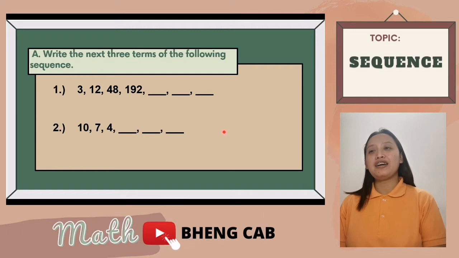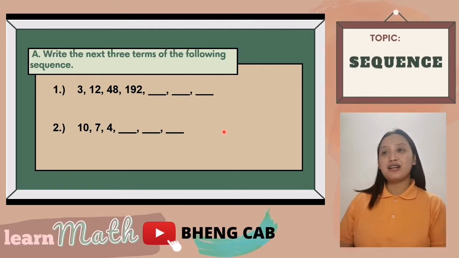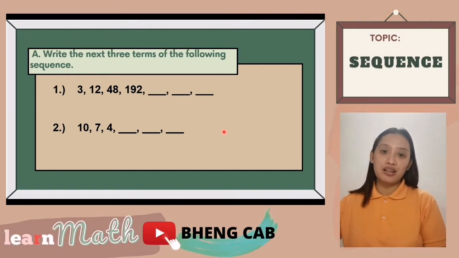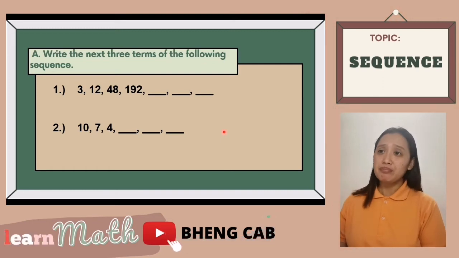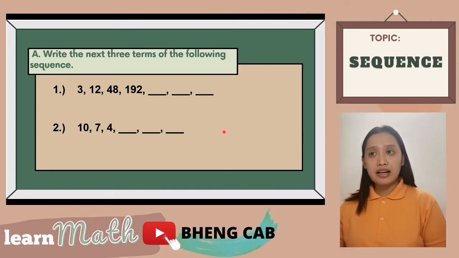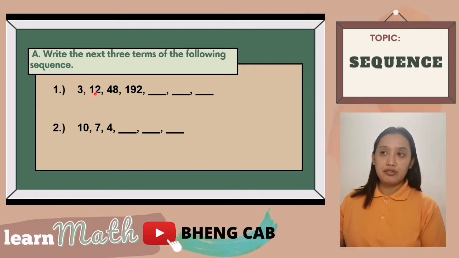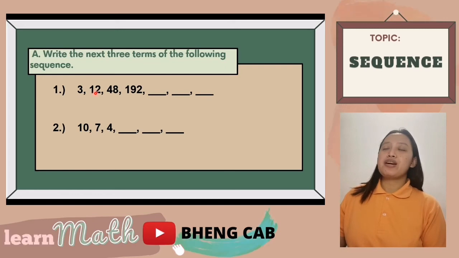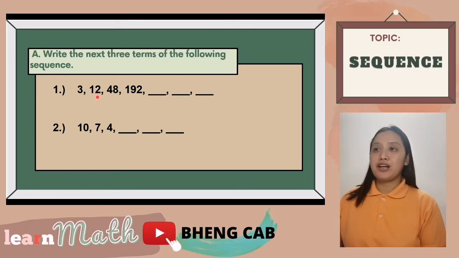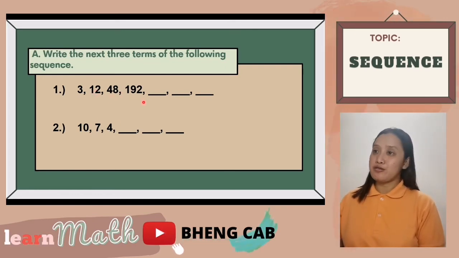So, pwedeng nag-add tayo ng specific value sa bawat term so that we can get the next term. Or, pwede rin naman kayang nag-multiply tayo ng specific number sa 3 so that we obtain 12. And that same number, minultiply ulit natin sa 12, kaya natin na-obtain yung 48, so on and so forth.